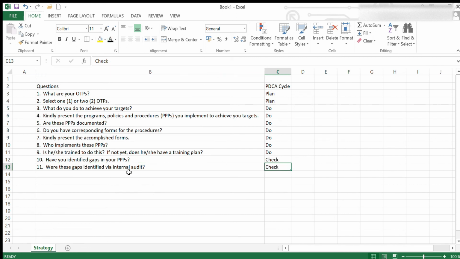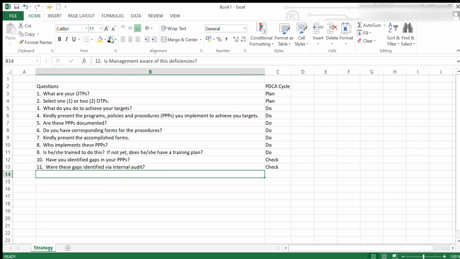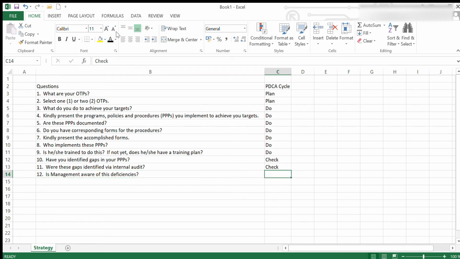So this may not necessarily be under the internal audit department, as the organization may have an audit team or IMS audit team or OSHA's audit team to handle this responsibility. So you can check that too. That's another good score or point to check.